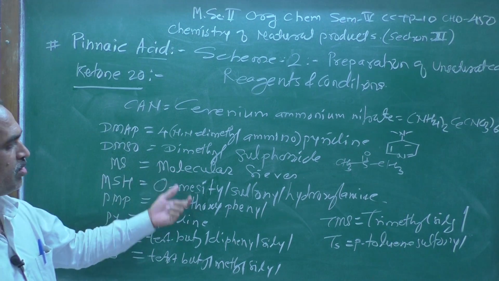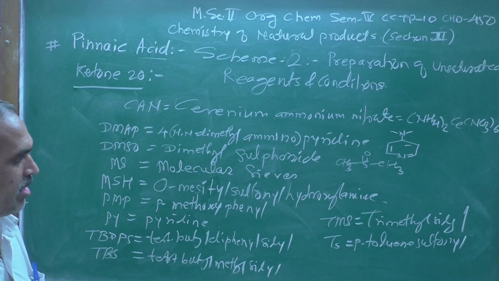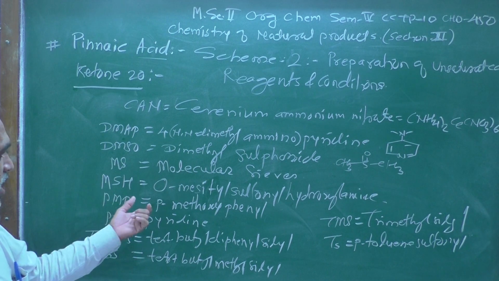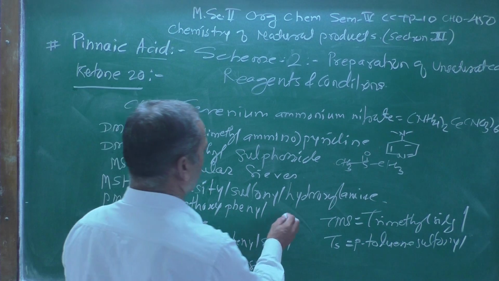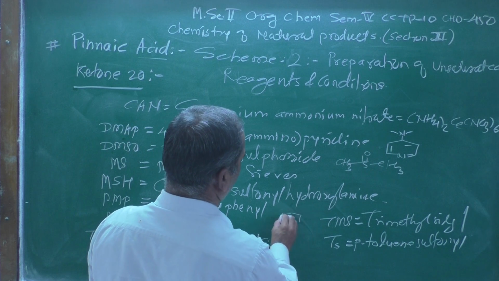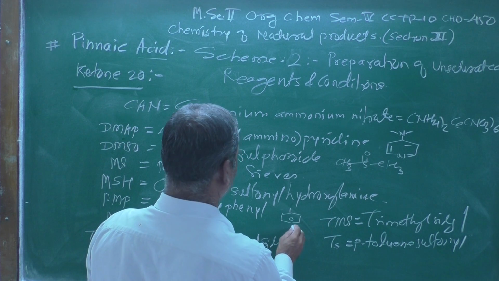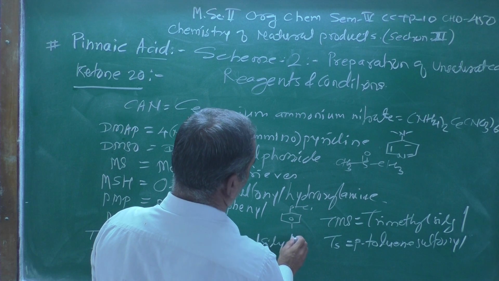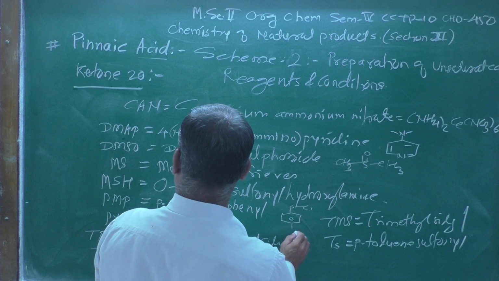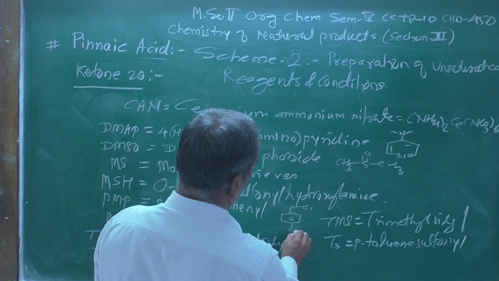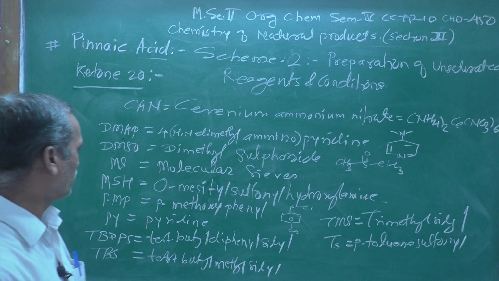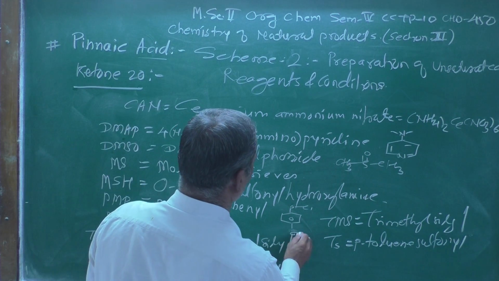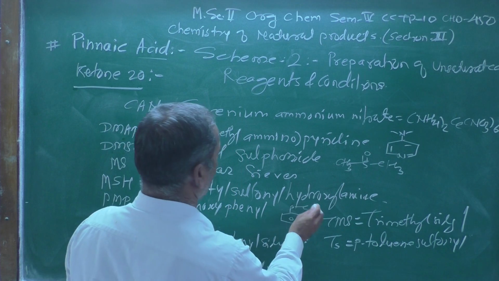MSH, that is O-mesitylenesulfonyl hydroxylamine. Then PMP, paramethoxyphenyl.